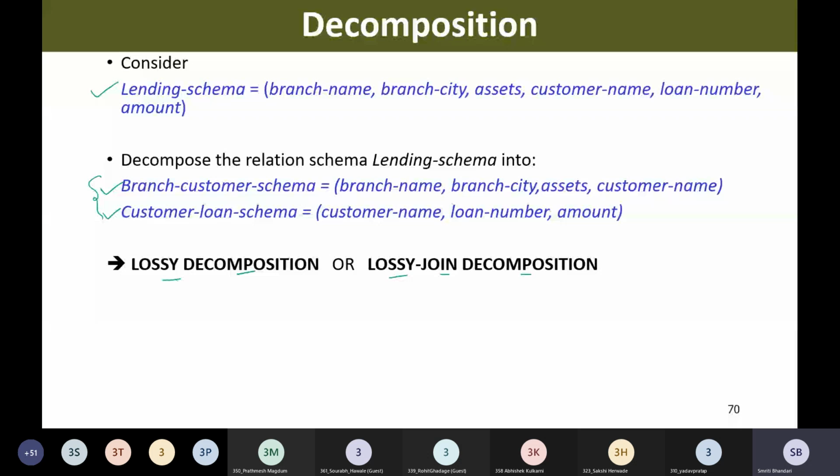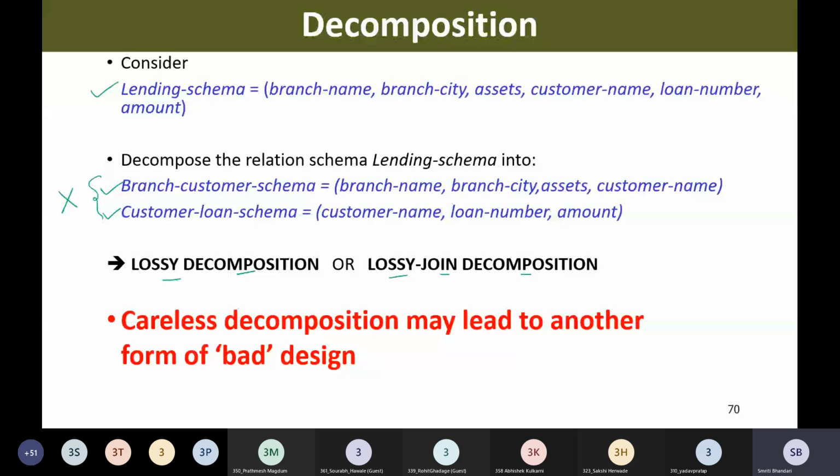Careless decomposition of a relation may lead us to another form of bad design, and this should not happen. So, what to do? Here is the concept of lossless join decomposition.